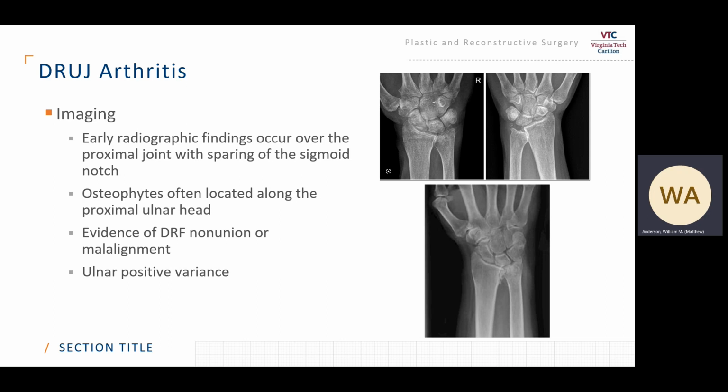Imaging in DRUJ arthritis: early radiographic findings typically occur at the proximal joint and tend to spare the sigmoid notch. Osteophytes can often be seen along the proximal ulnar head. You can see evidence of distal radius fracture non-union or malalignment, and ulnar positive variants can also be seen.